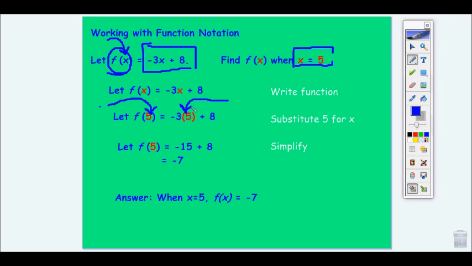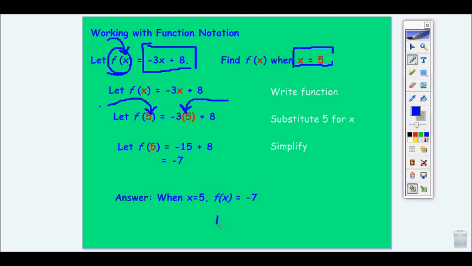So we're going to go ahead and put 5 in for x. So the function of 5, here's what we're going to do with it: negative 3 times 5 plus 8. So the function or the work of 5 would be negative 15 plus 8, and that would equal negative 7. So f of 5 equals negative 7.